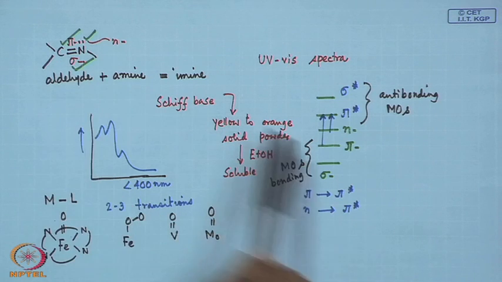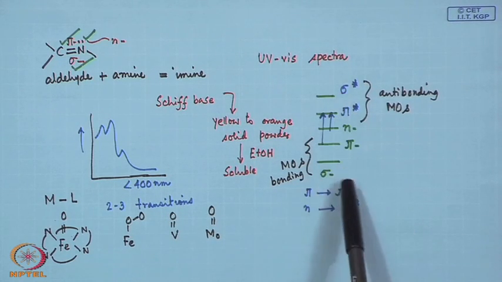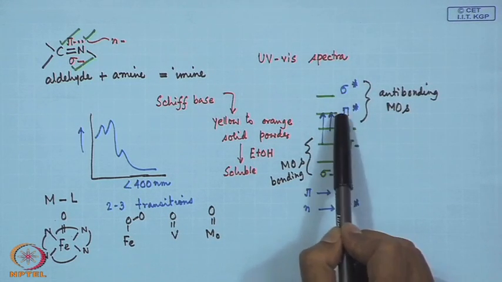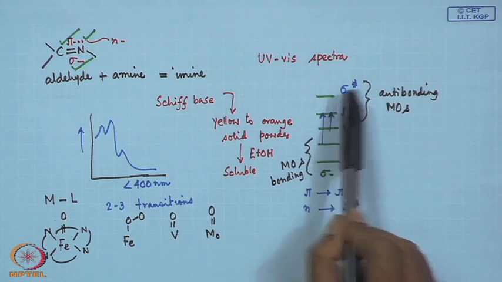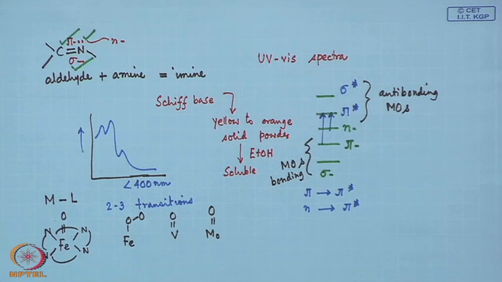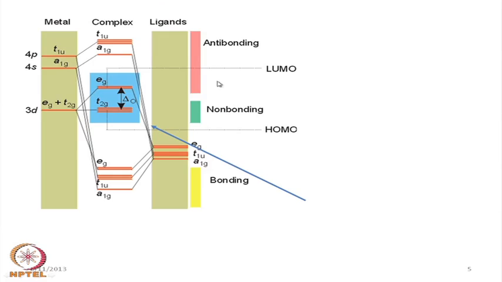So, these all basically give us the same sort of interaction what we see in case of this corresponding Schiff base formation. So, the energy ordering for the sigma, pi, n, pi star and sigma star will also be the same if we go for the corresponding bonding, non-bonding and anti-bonding levels for this molecular orbital picture involving these metal centers.